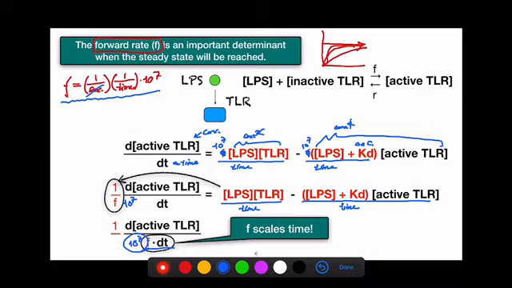So if you have a higher forward rate, then the reaction will happen in a shorter amount of time for the same amount of reactant produced. So in that sense, you can interpret f to scale time. So you can make time run faster or slower.